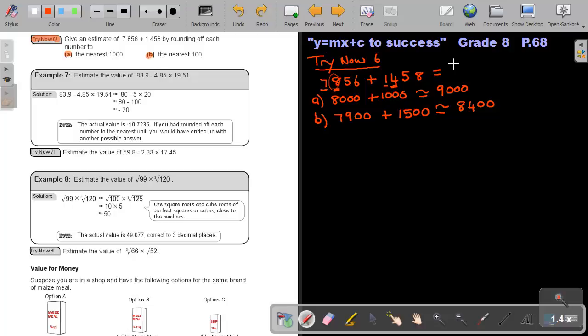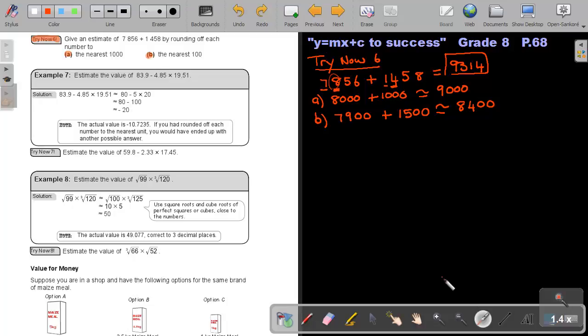I just want to see which one is the best estimation. So this is the real number. Okay, so we can actually say by estimating it to 1,000, I think was closer than estimated to the nearest 100. Okay, let's look at the next one.